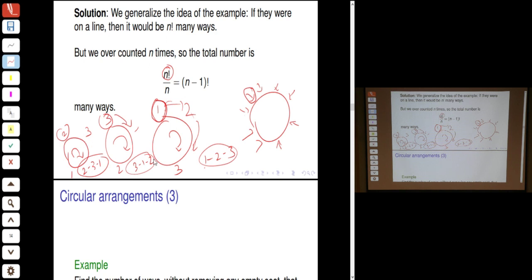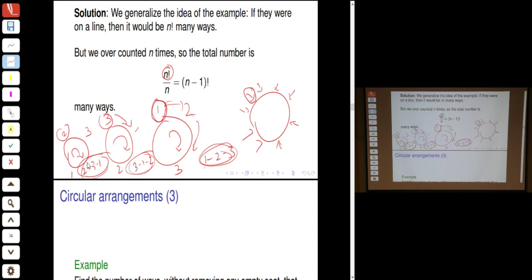So the same circular arrangement leads to 3 different linear arrangements if there are 3 objects in total. If there are n objects, then one circular arrangement of n objects leads to n linear arrangements of the same objects.